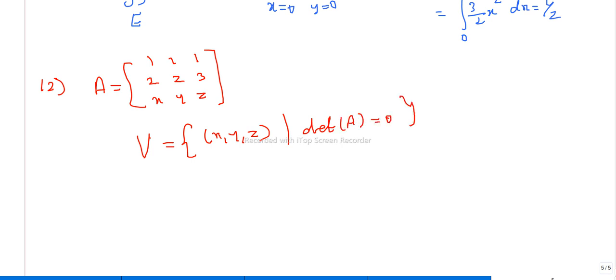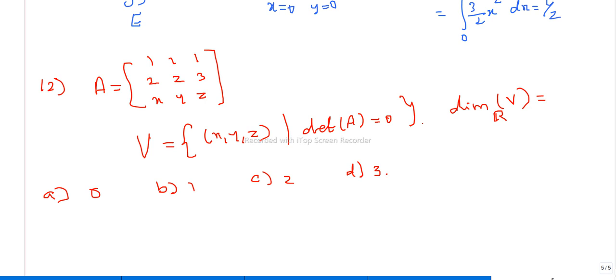So for what values of x, y, z, the last row of the matrix, is the determinant 0? We are collecting the last row. So the question is, assume that this is a subspace. Now what is the dimension of V? What is the dimension of the vector space V over the field R? The first option is 0, second option is 1, 2, 3.